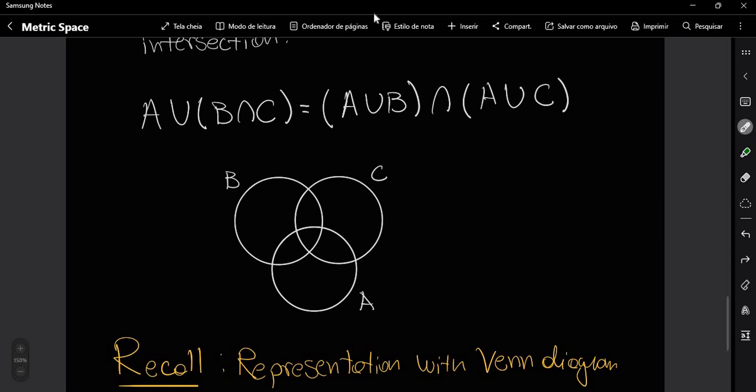So the set A is in a union with the set B. So let's fill in, or shade, all this region completely of the set B and A. And also for this union between the set A and C, let's fill in this region with the set A. This way, this region is left empty. We are not filling this region.